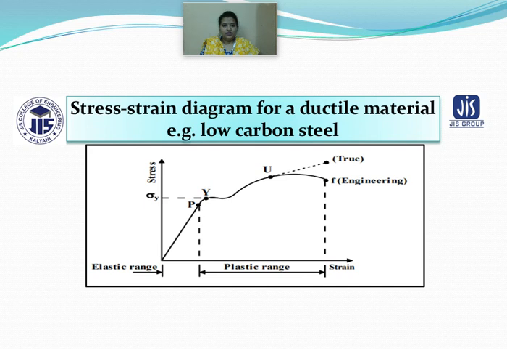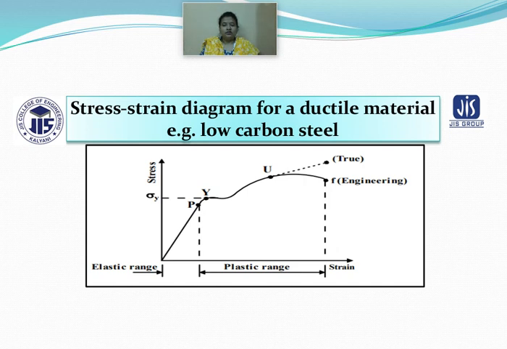This is the slide where we are going to discuss the stress strain diagram for ductile material. As I have already told, if fracture occurs and the percentage of elongation is above 15%, then only you can say that the material is ductile in nature. Ductility means that when you apply load, the material can be drawn into wire.